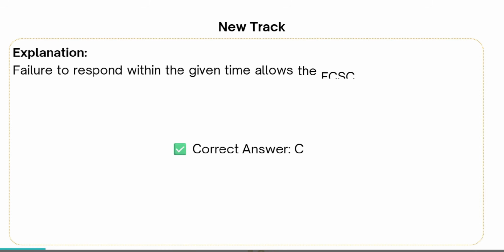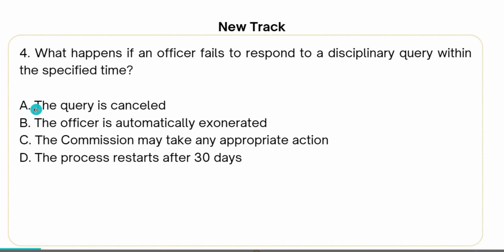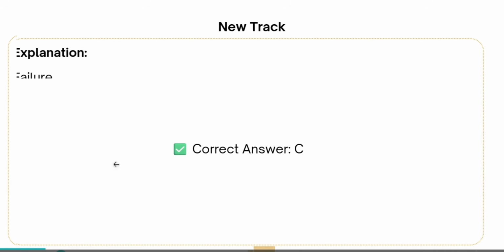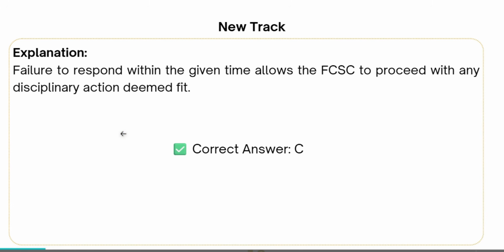The right option is option C, the commission may take any appropriate action. Yes, the commission may take any appropriate action if the officer failed to respond to the disciplinary query within the specified time.